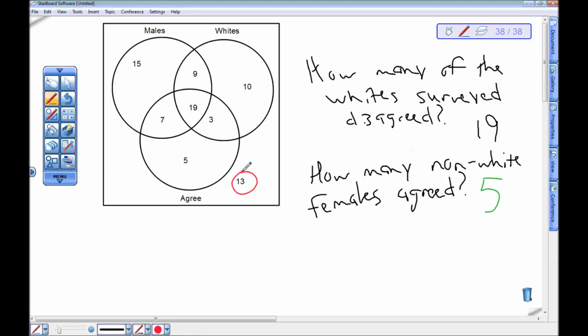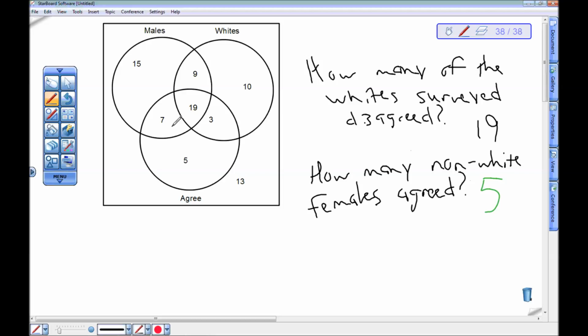We just found out these 5 are the number of non-white females that agreed. This is the number of white males that agreed. This is the number of white non-males that agreed, so white females that agreed. This is the number of non-white males that agreed.